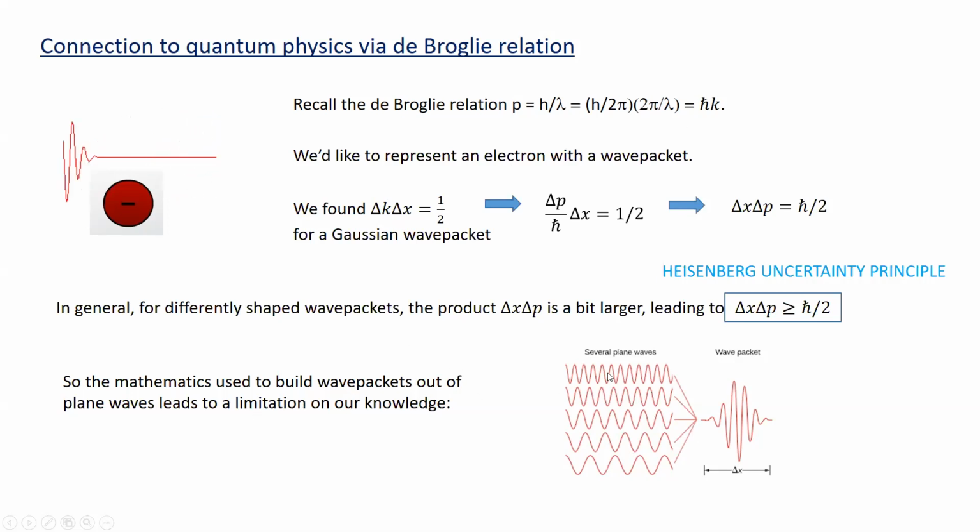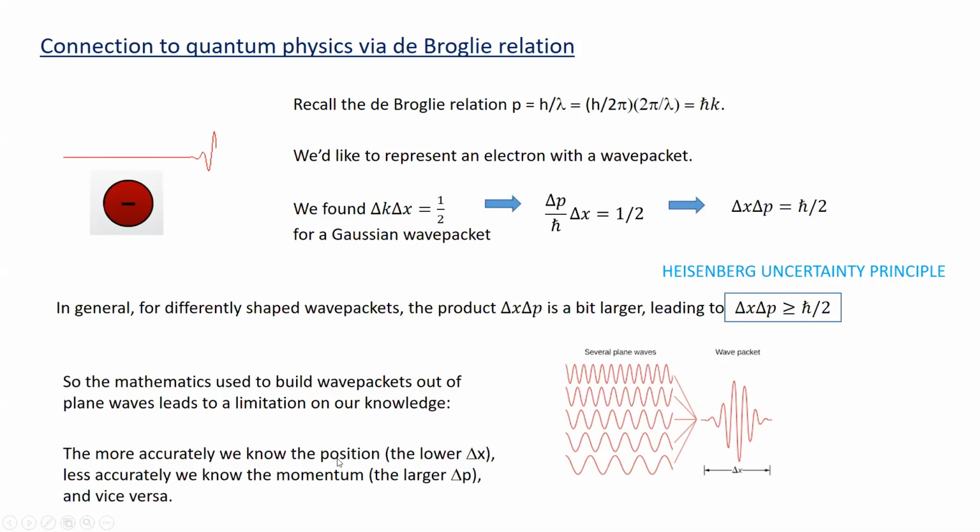So this is a schematic of combining plane waves into a wave packet here, which says, again, that the more accurately we know the position, that is, the lower delta x is, the less accurately we can know the momentum. The larger delta p would have to be in order for the product to be greater than or equal to h bar over 2. And vice versa.